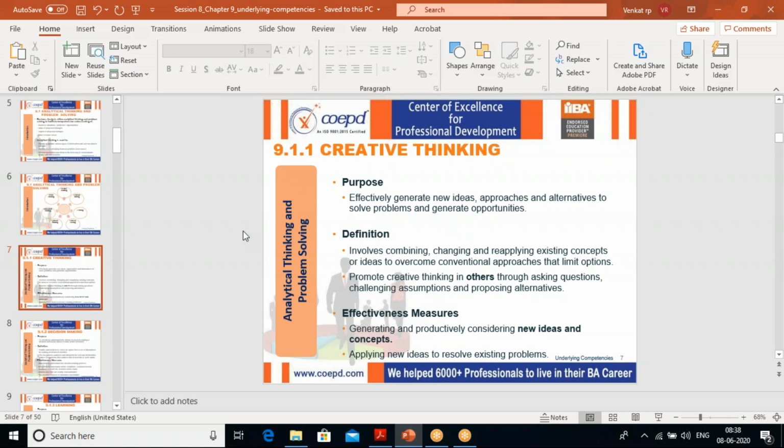Creative thinking means that for a particular problem or opportunity, we need to come up with different ways of handling the scenario. We have to think in a creative way. We can think about new ideas, new concepts and innovativeness.